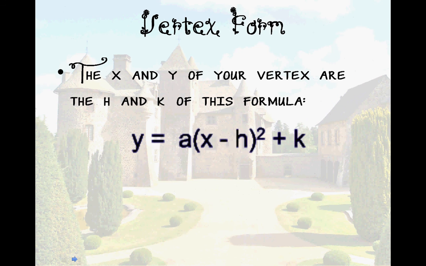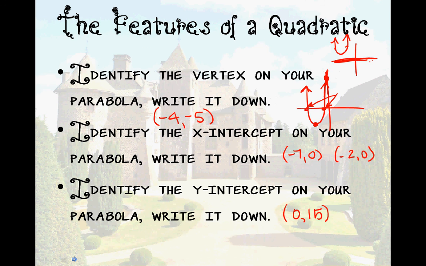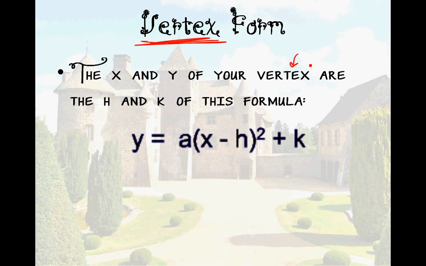Okay, so the first thing we're going to talk about is vertex point, so make sure you have that title there. And the vertex that I had in the last slide was, I don't remember, -4, -5. Okay, so this -4, -5, you could put into this equation right here.